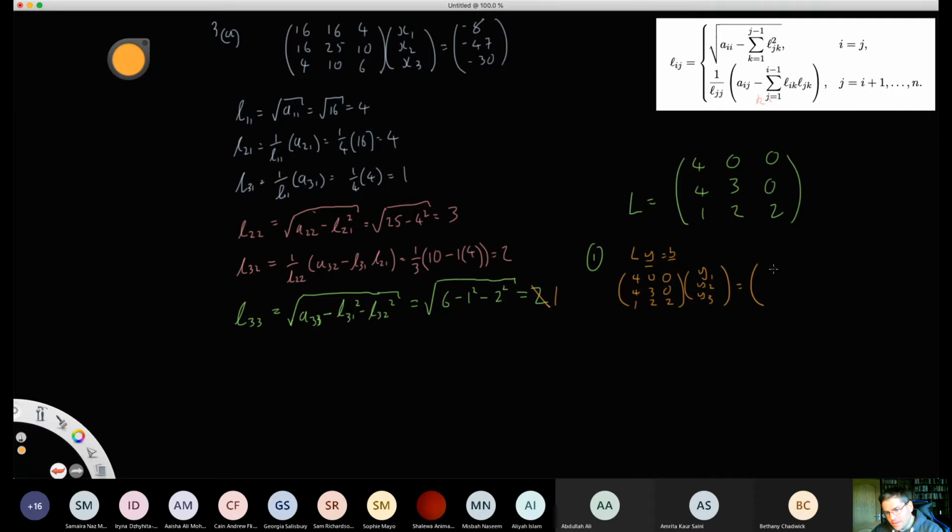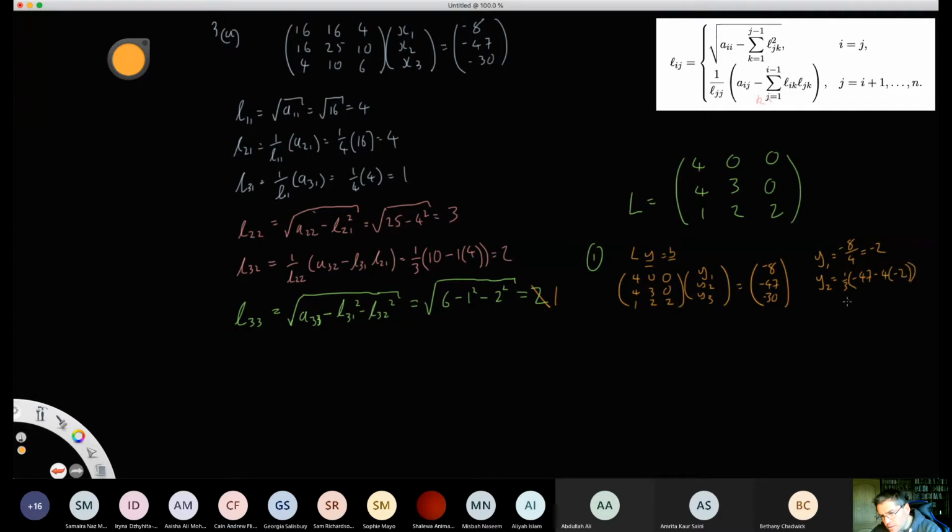So b was minus 8, minus 47, and minus 30. Okay, so Y1 is going to be a quarter of minus 8, so it's going to be minus 2. Y2 is going to be, well, the coefficient of Y2 is 3, so that's minus a third, minus 47, minus 4 lots of Y1.